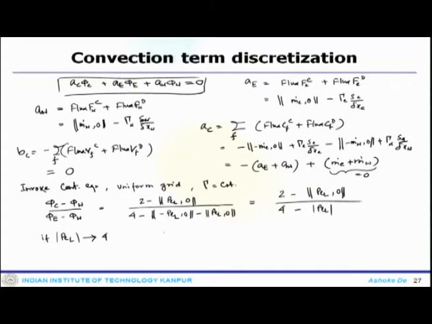So, what we have looked at is schemes like the central difference scheme, upwind scheme, and downwind difference scheme. Now, what is applicable to all of these schemes is the truncation error. This is one thing which inherently comes with this kind of numerical discretization.